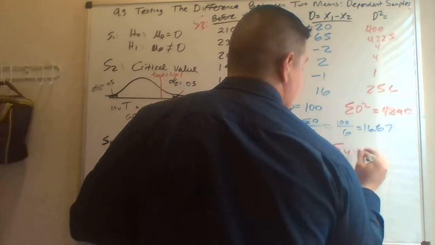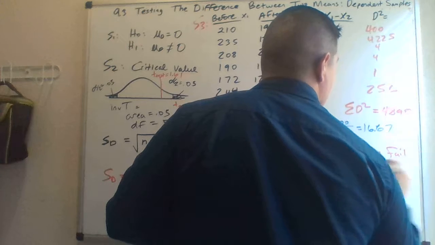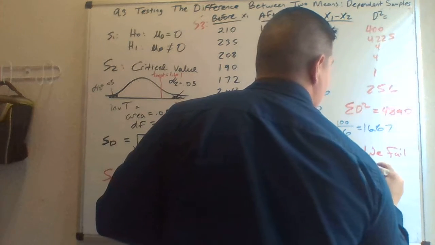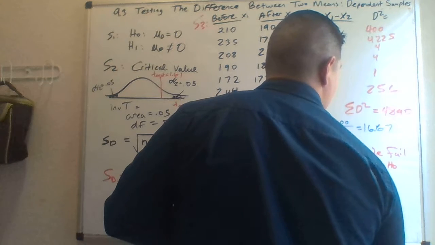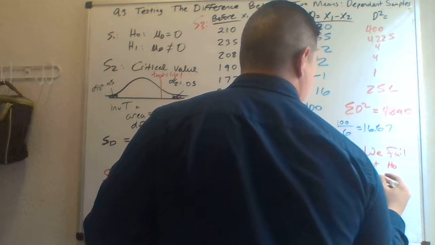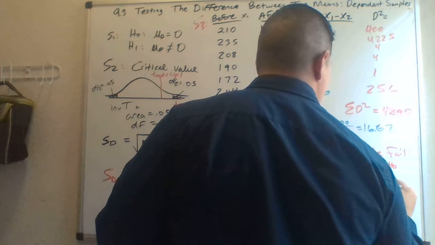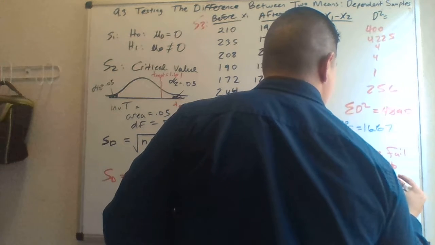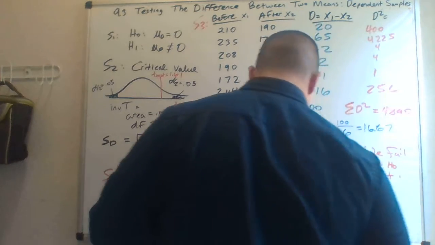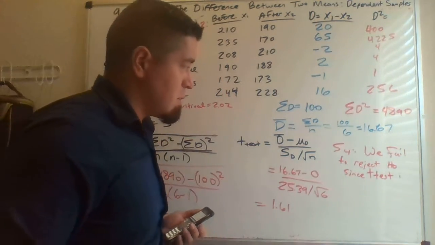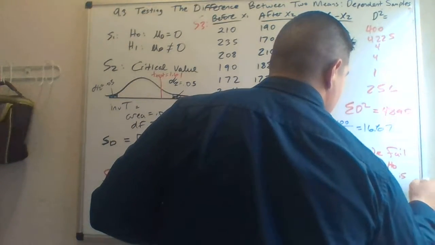Step 4 would be we fail to reject H naught since the t-test is not in the critical region.